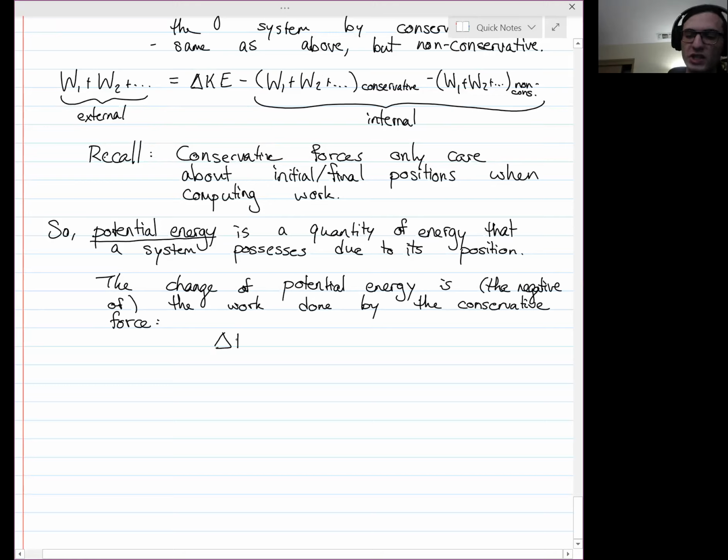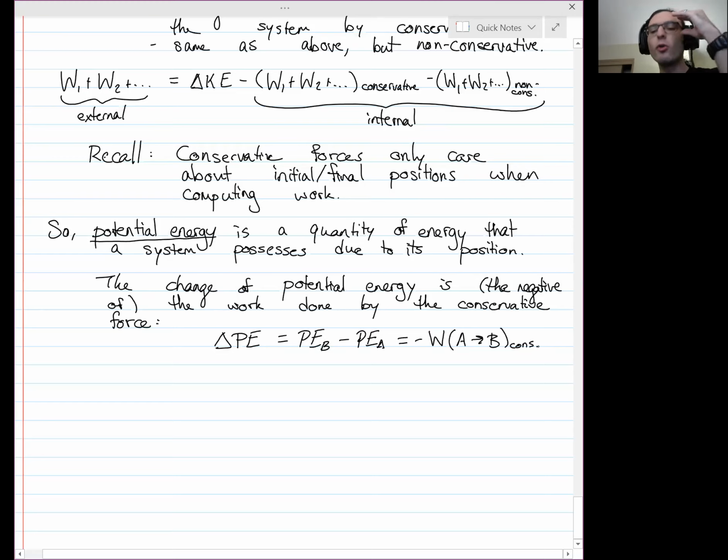So in equations, the change in potential energy equals the potential energy at some position B minus the potential energy at some position A. And that's just equal to the negative of the work from A to B, which is the work done by a conservative force.